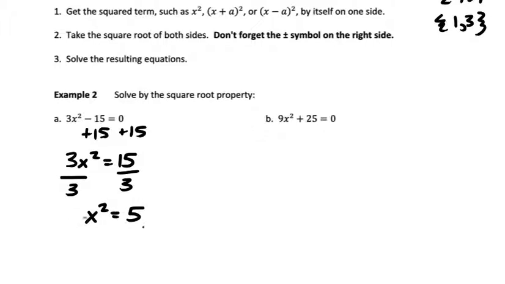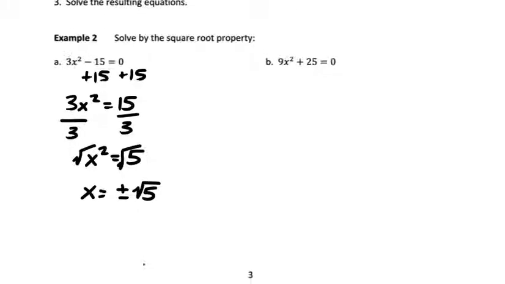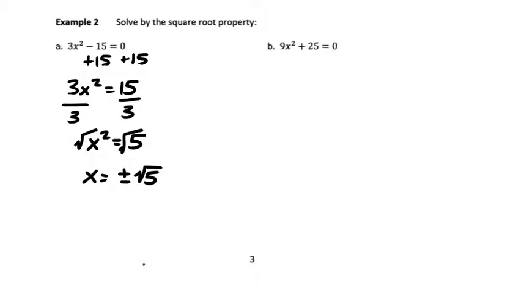Now this is where I am going to take the square root of both sides, and you can think of square root and square as canceling each other out. So my left side is just going to be x, and this is where I need to remember that plus or minus square root of 5. So when you're entering your answers, you always want to check to make sure that the square root cannot be further simplified.